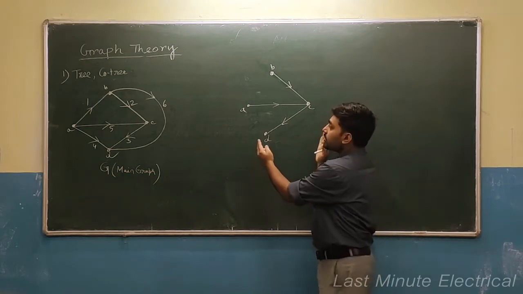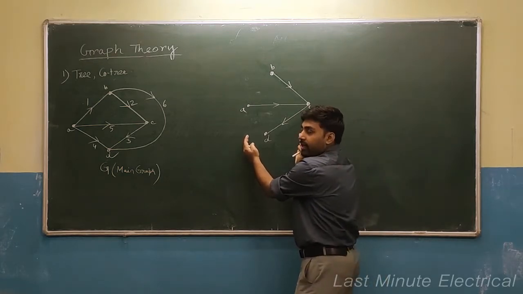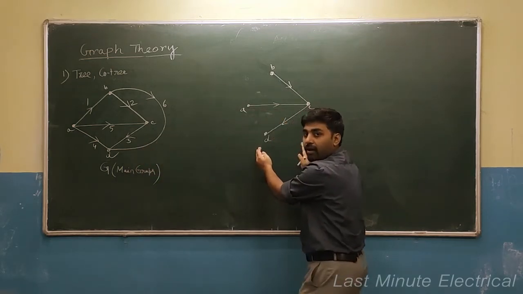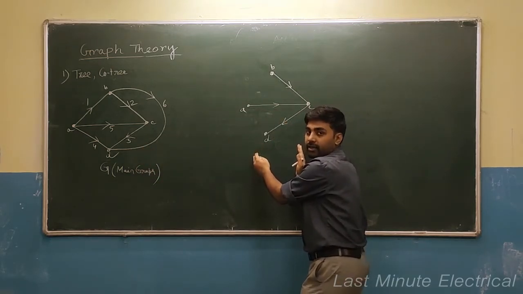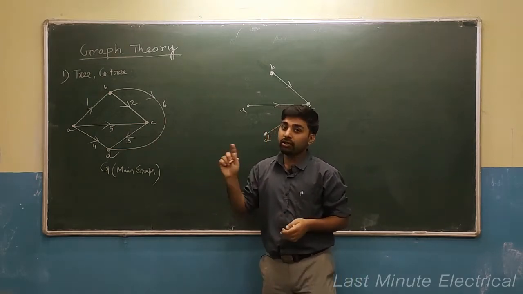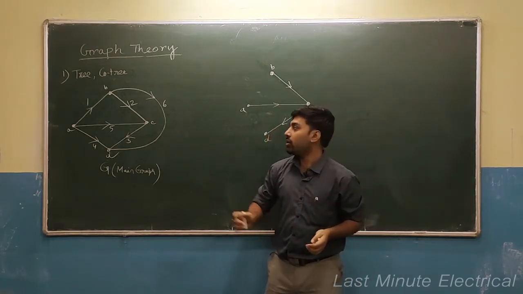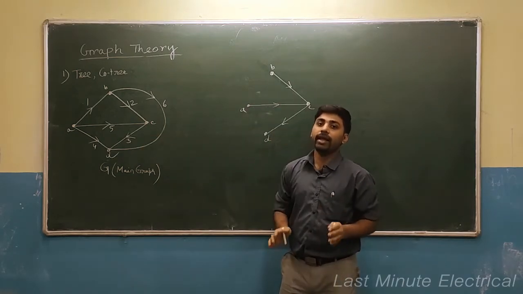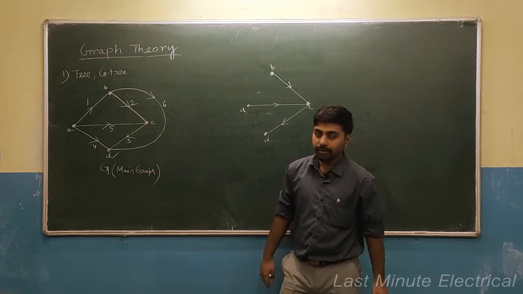So this graph is a subgraph of the main graph, and this subgraph is known as a tree. So a tree is a subgraph of the main graph which contains all the nodes of the main graph, but a tree does not contain any loop.